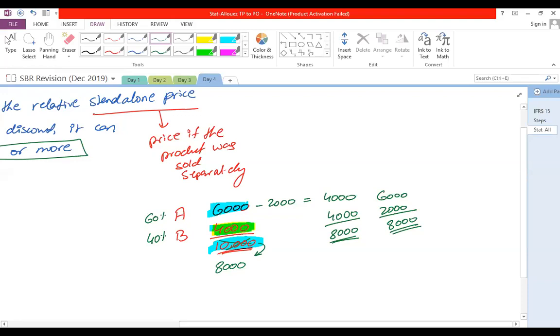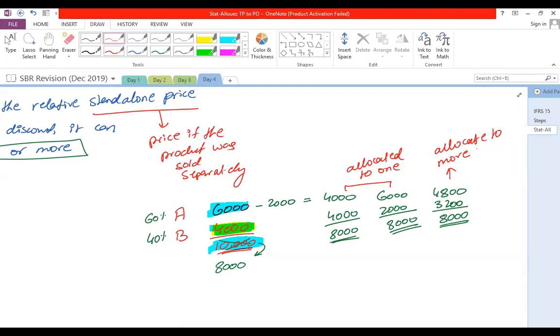This means 60% of 8,000, which is 4,800, will be product A, and 40% of 8,000 will be product B. So in the first two cases, we allocated to only one, and in this case, we allocated to more than one. So the discount can be allocated to one or more performance obligations.